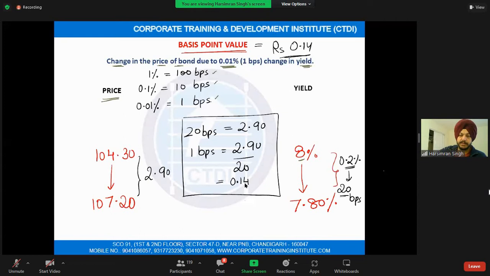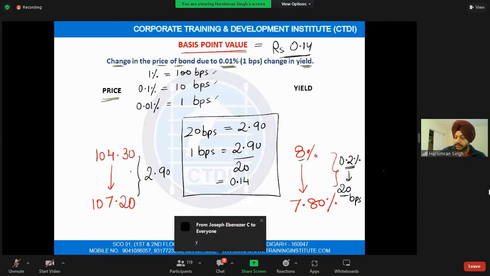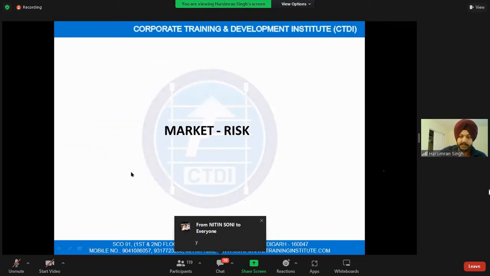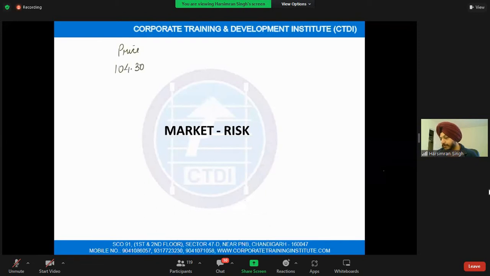In more simple words, to explain it to you, suppose the price of the bond is 104 rupees 30 paisa when the yield was 8%. If the yield becomes 8.01%, now the change is of 0.01%, that is 1 basis point.